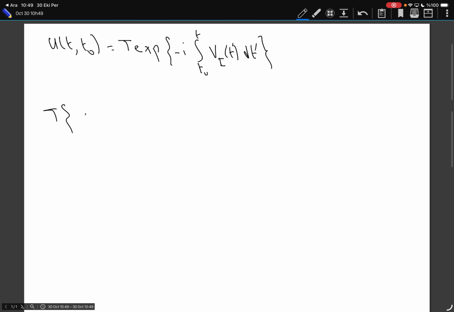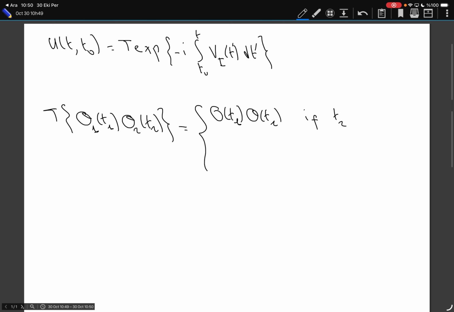If you have two operators, operator 1 at time t1, operator 2 at time t2, this will be equal to operator t1 times operator t2 if t2 is earlier, operator t2 times operator t1 if t1 is earlier. Whichever operator is earlier, we move it to the right.